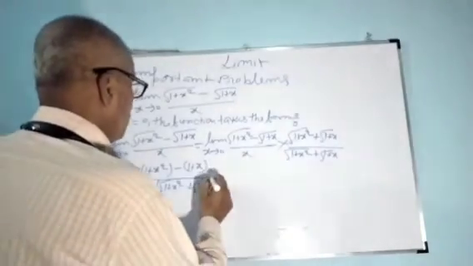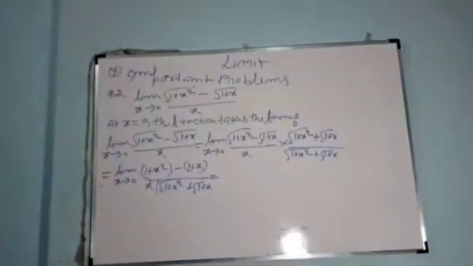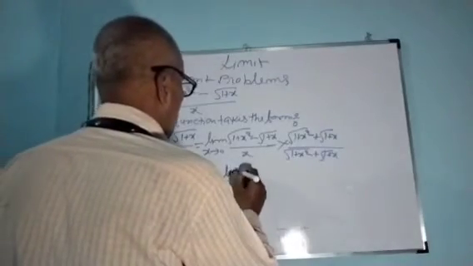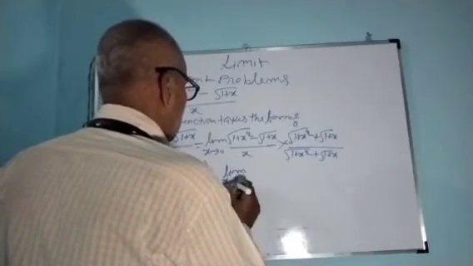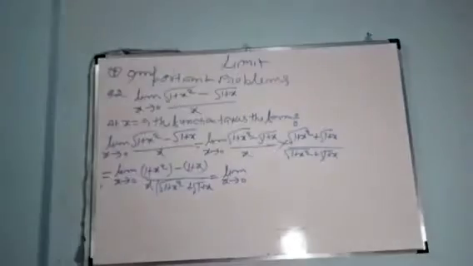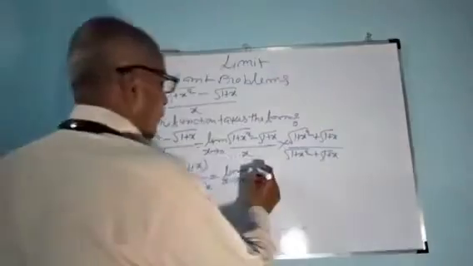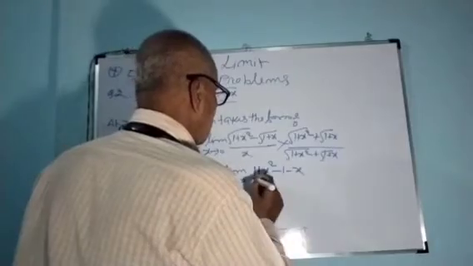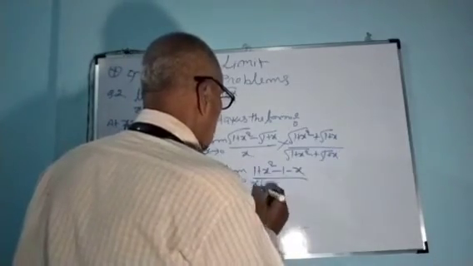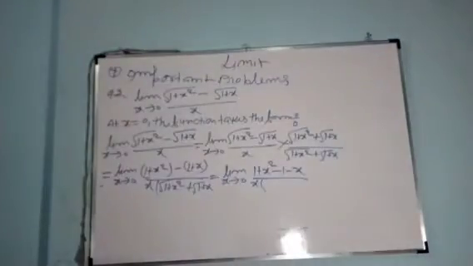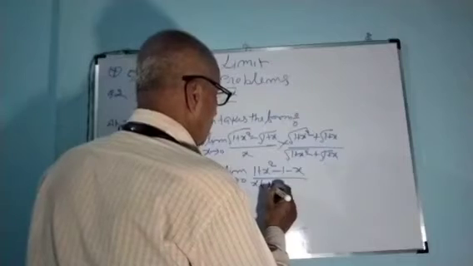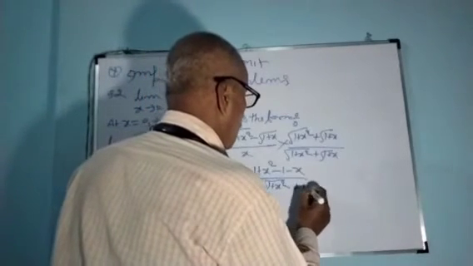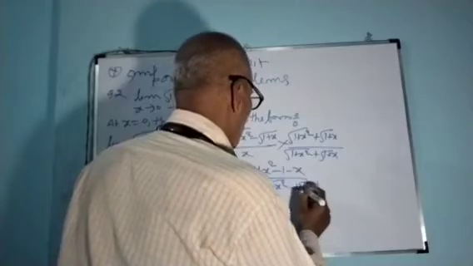This is equal to limit x tends to 0 of 1 plus x square minus 1 minus x by x into square root of 1 plus x square plus square root of 1 plus x.